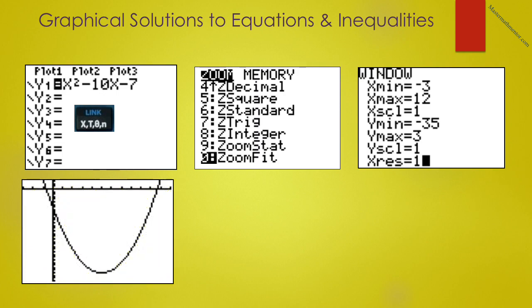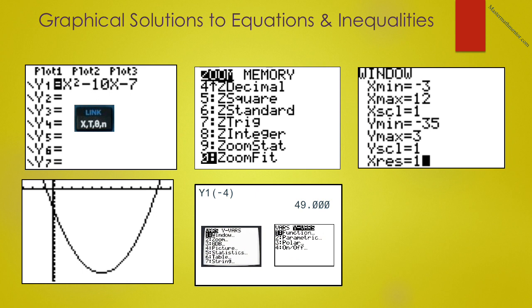So in doing this, we see the graph, and the y min and y max have been generated as negative 35 and 3, and that will show all the important behavior of the graph. In this case, the graph just has a vertex and it opens up.